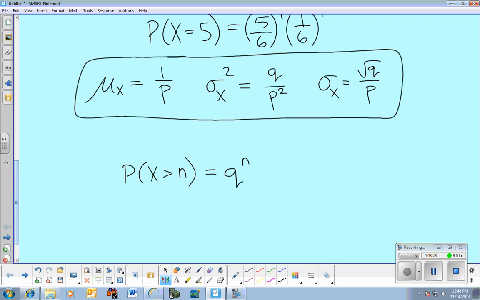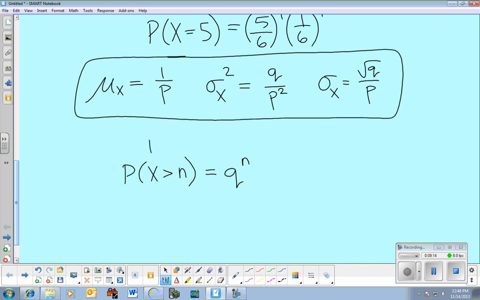Or let's say I'm trying to scheme roulette and I want to know what's the probability that it's going to take me more than 5 rolls to get my first red result. Well, if it's going to be more than 5 tries, that means I had to have 5 failures, first of all. Then all of the other possible outcomes are put together, but the one common thing is that I failed 5 times. Then I might succeed on the 6th or the 7th or the 8th. Those are all wrapped up into this formula.